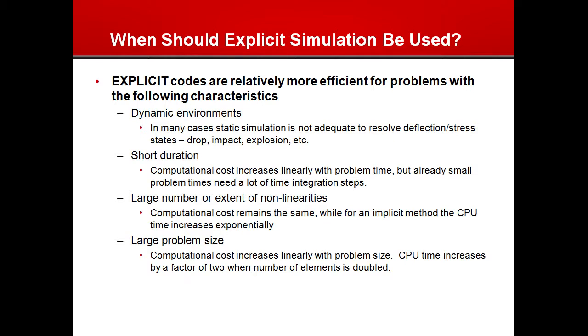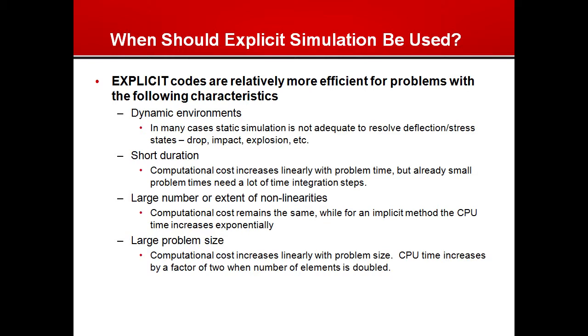The next question I should be asking myself is, how long is this event? If it's a very short duration event, that leads me to believe that explicit technology is appropriate. Because of the explicit solver technology, and we won't get into all the details, there tends to be very short time steps. That means any dynamic event of significant duration takes a lot of these time steps.